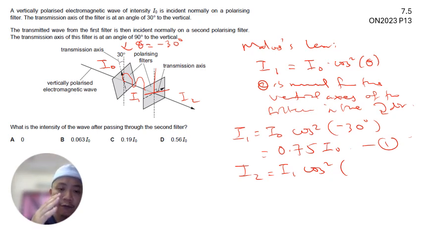So to get from minus 30 degrees to 90 degrees, it will total 120 degrees instead of 60.